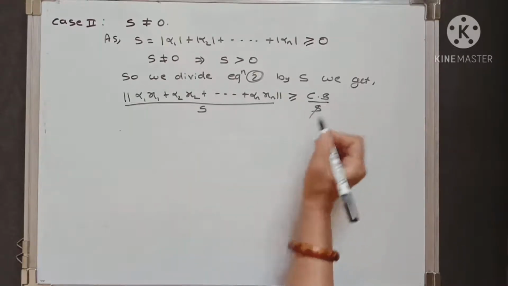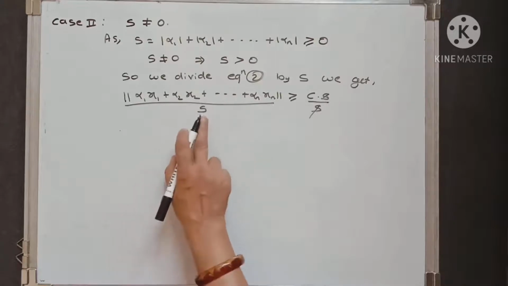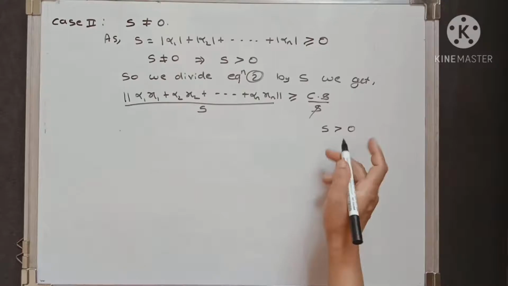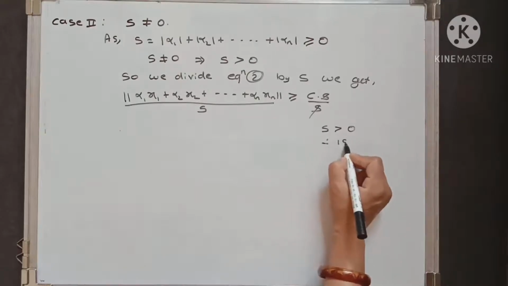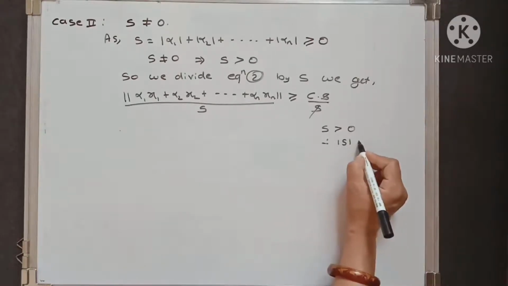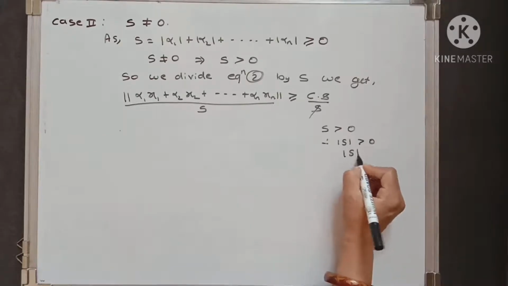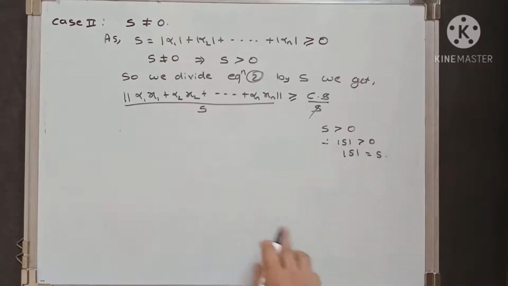Here this s gets cancelled, and as s is strictly greater than 0, mod of s is also strictly greater than 0, and therefore mod of s is again equal to s.